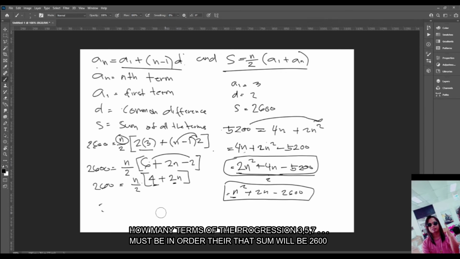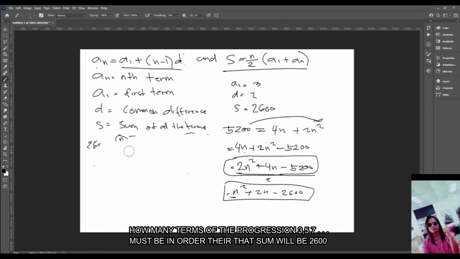So let's do the quadratic equation. The formula is negative b plus or minus the square root of b squared minus 4ac, over 2a.